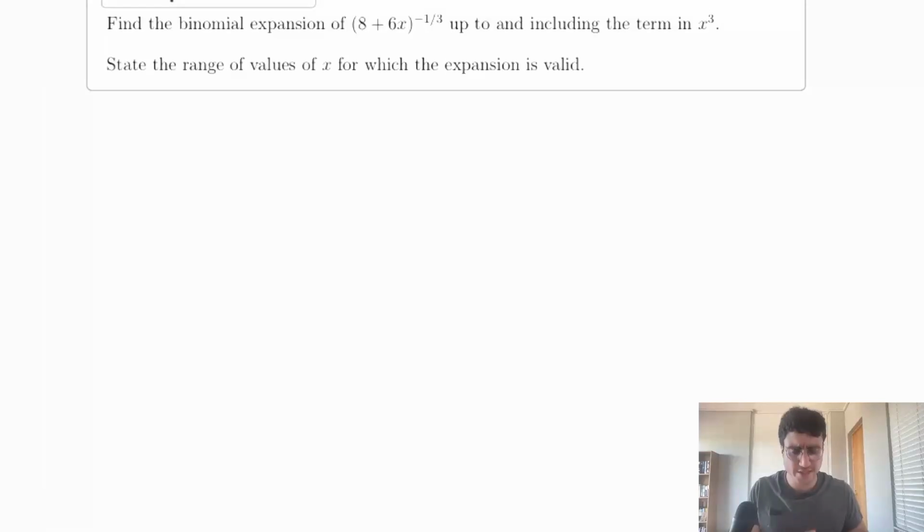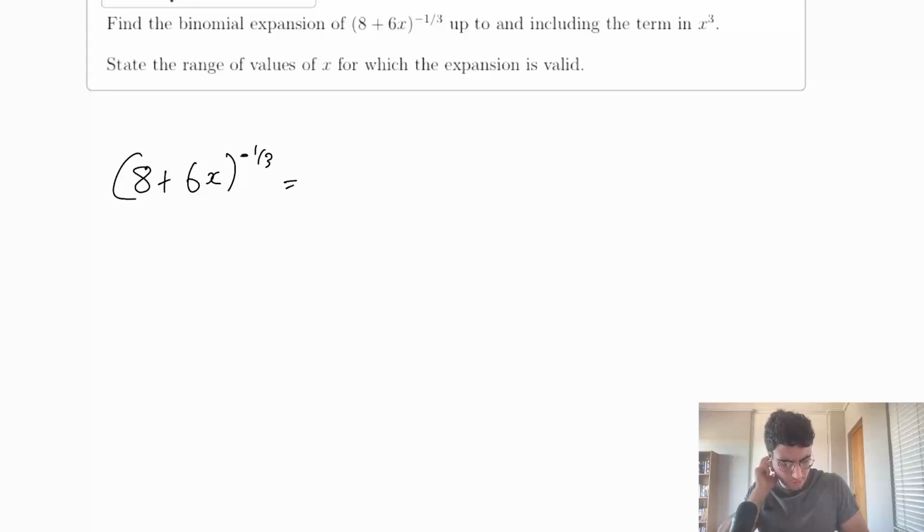Well, we're simply going to say the following. 8 plus 6x to the power of minus a third is going to equal 8 times 1 plus, and if we divide 6x by 8, we get 3x over 4.